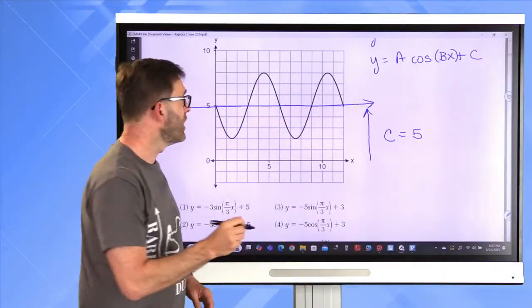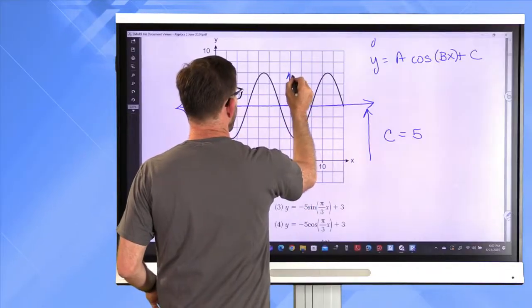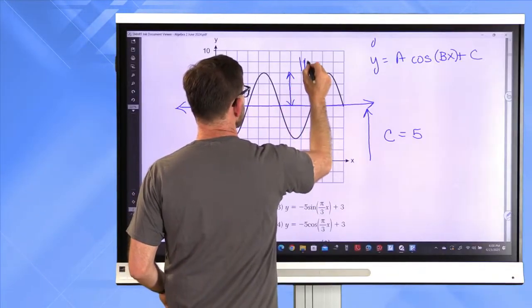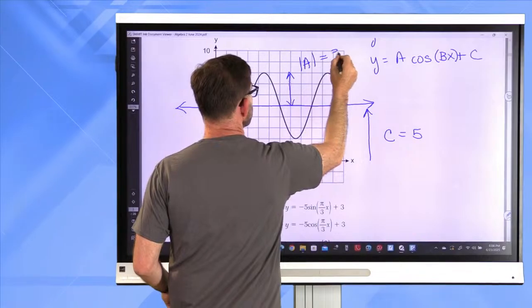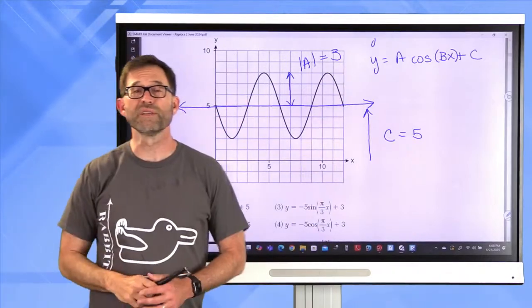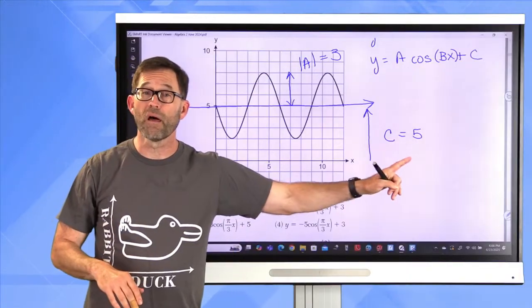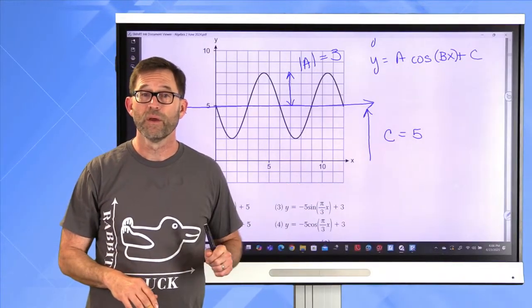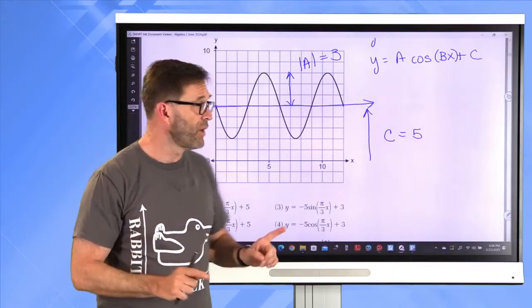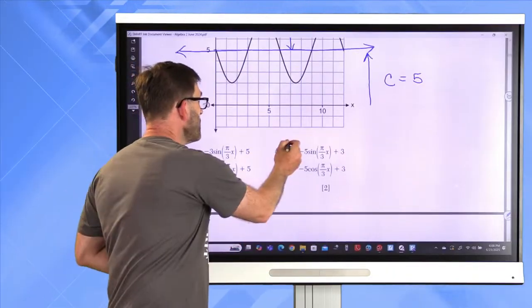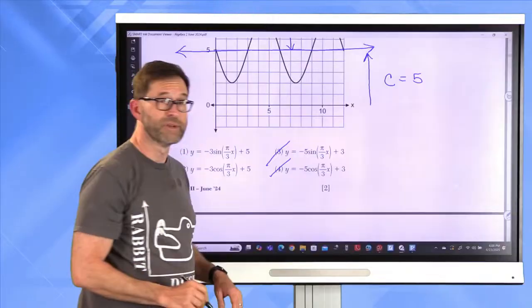I also can tell that my amplitude, which is not a, it's the absolute value of a, is 3. So in other words, this wave goes 3 units above and 3 units below the midline at c equals 5, okay? So one thing that we can do immediately is eliminate choice 3 and choice 4.